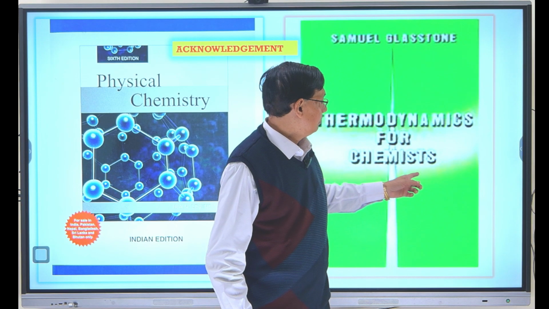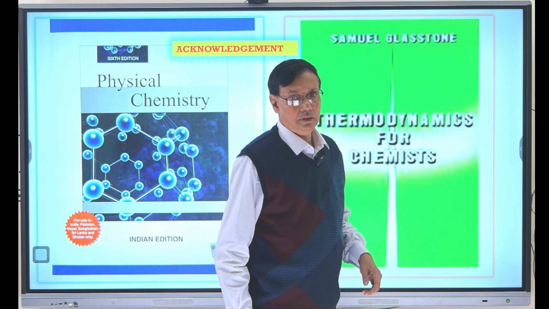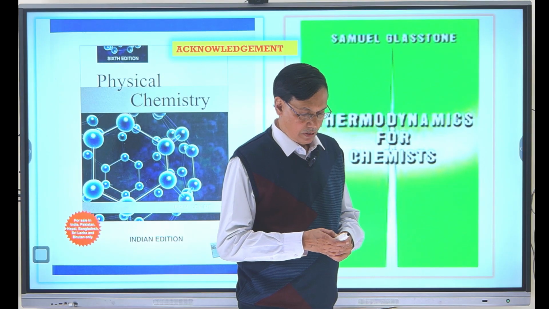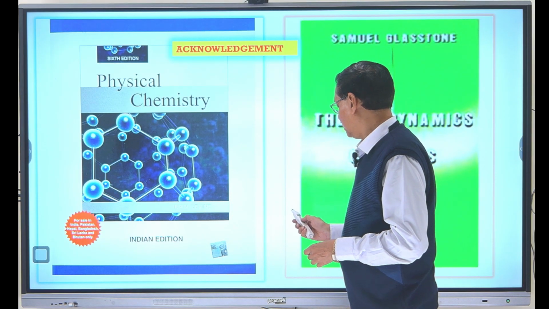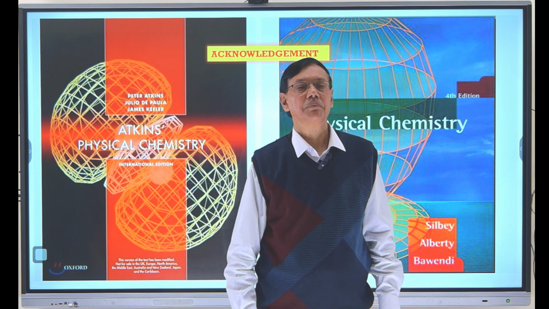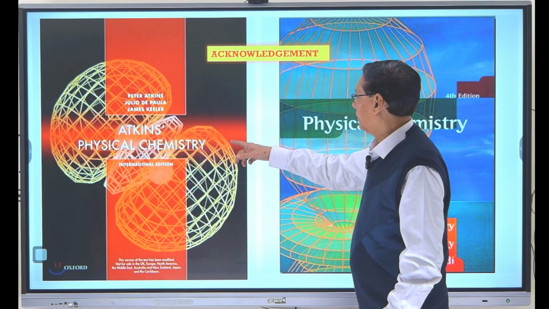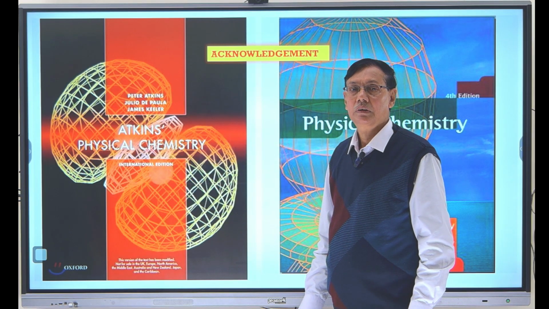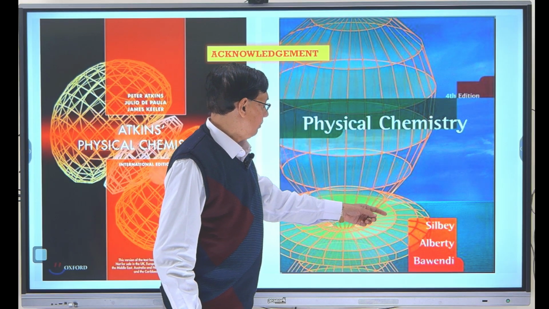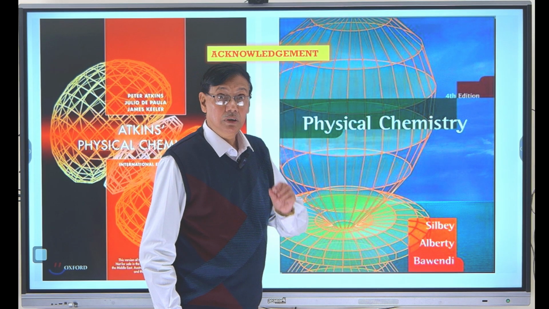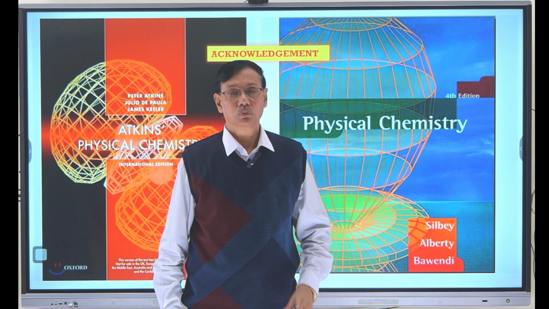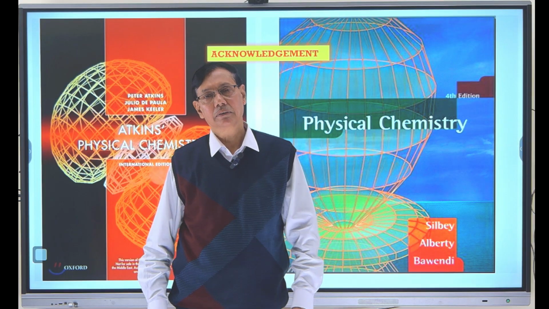And another book I always prefer, that is Thermodynamics for Chemists by Glasstone. And in addition to these two books, I have also referred to more books, that is Physical Chemistry by Atkins, and another very popular book, Physical Chemistry by Silbey, Alberty and Bawendi. Sometimes students get confused about what exactly activity and activity coefficient are and how they are determined.